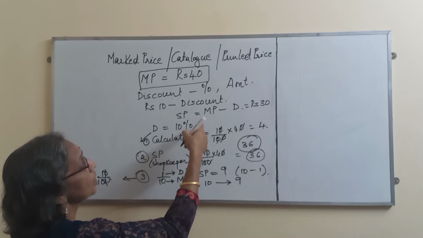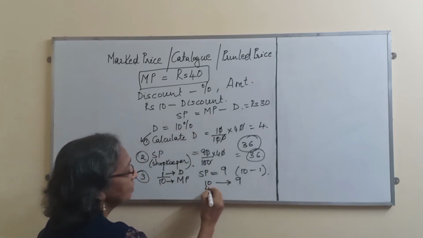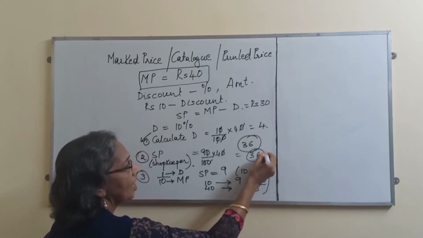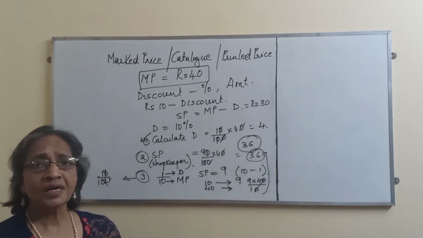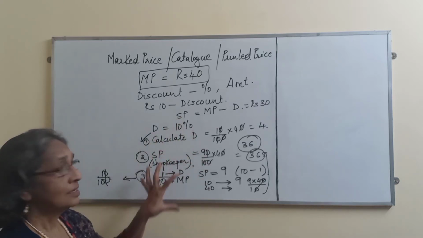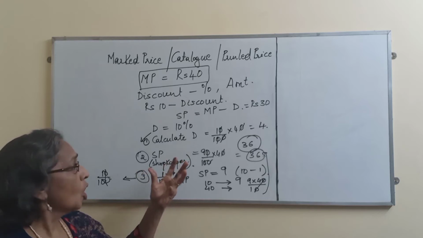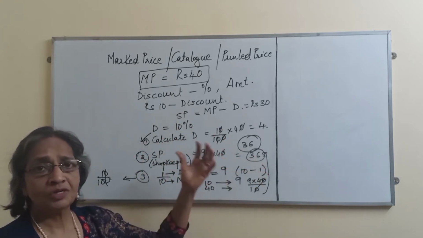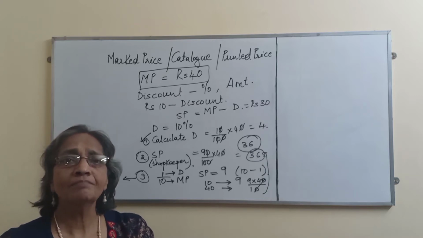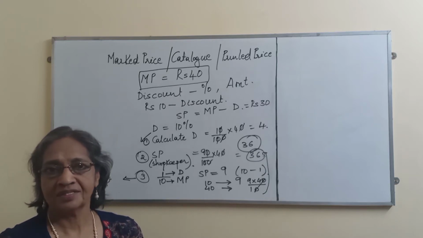So if the marked price is 40, how much is the selling price? And all of you can calculate, it comes out to be the same as this. So there are 3 methods by which you can get what we call the shopkeeper's selling price. Now the shopkeeper is going to sell it to the customer, so it becomes the customer's cost price.